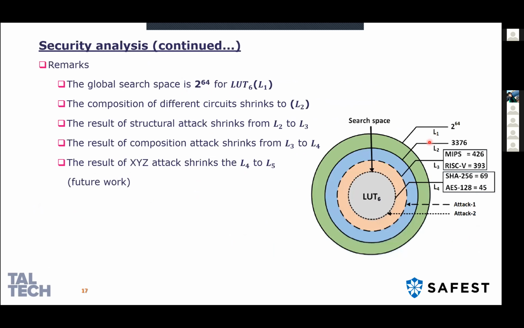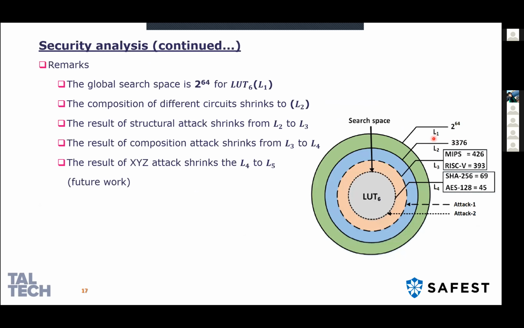If we compose and collect all the designs, we have used around 31 to 33 designs in this experiment, then we extract the unique masking patterns. Then it forms 3,376 masking patterns.